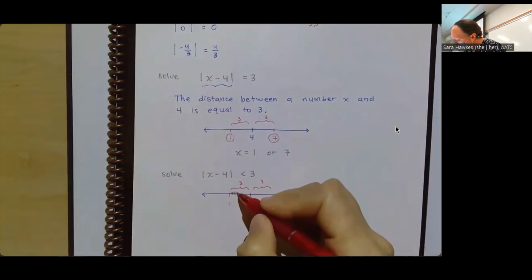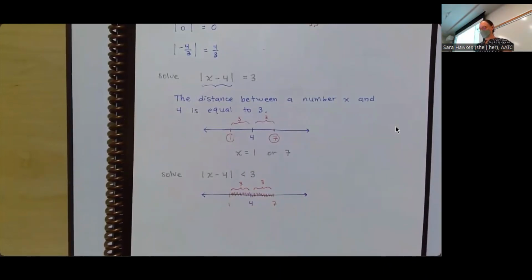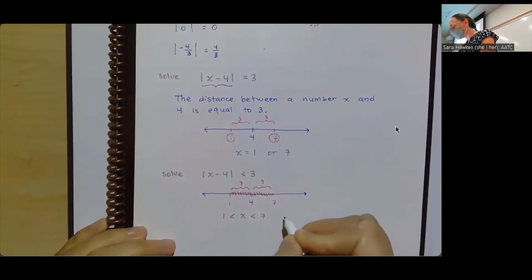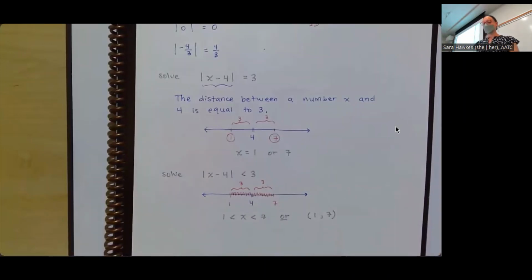So on any of these numbers in here, which means I can write that as saying x is greater than 1, but less than 7. Or if you like the interval notation stuff, I would write that as (1, 7). And it's in parentheses because we didn't have the or equal to part. I'm just going to keep throwing this in, but again, I'm not expecting you to use it unless you like it better, in which case that's fine.